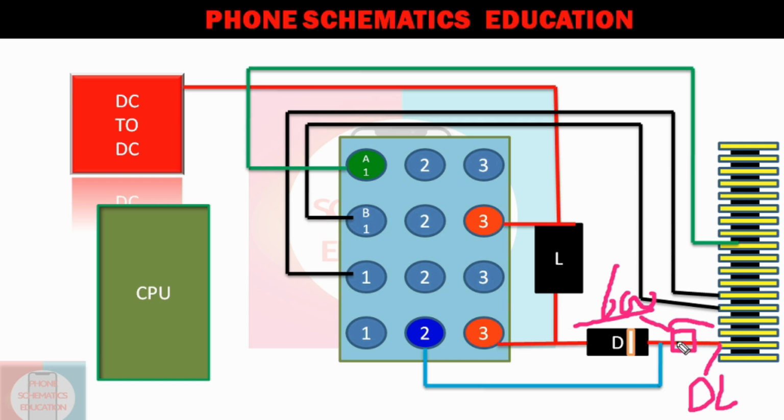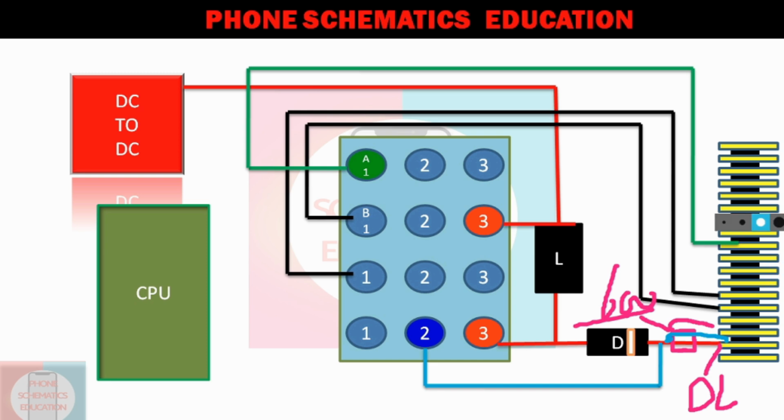Just take a jumper from here to the anode line, this connector. Most probably your job is done. Your phone has been repaired. Light will come back to your display when you turn on your phone. This is a shortcut method. You can do these things also.